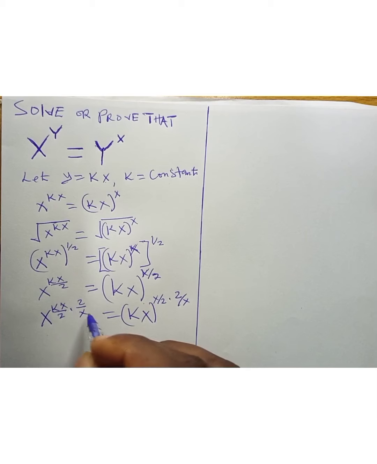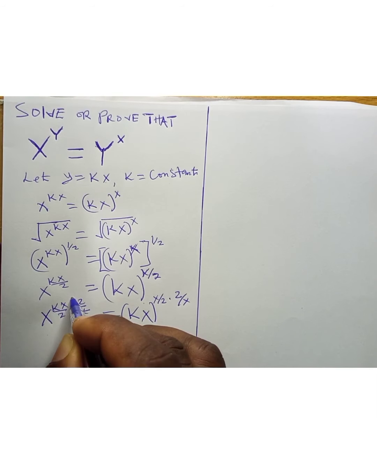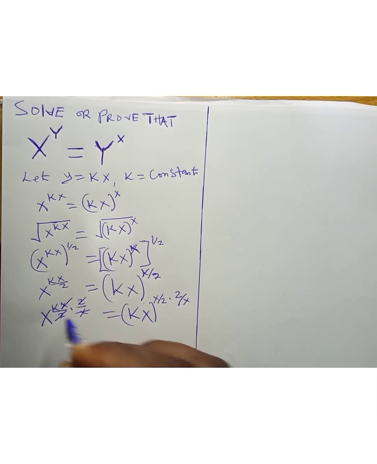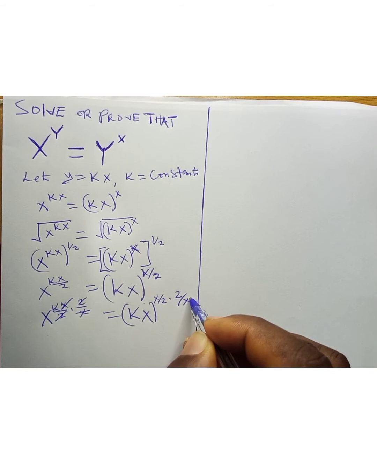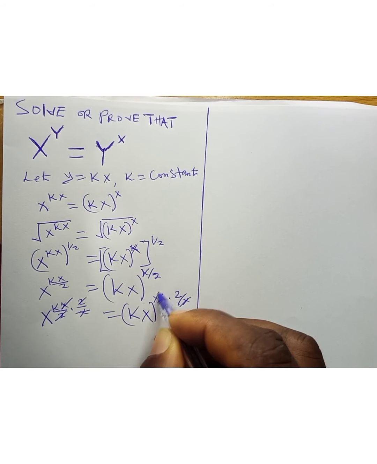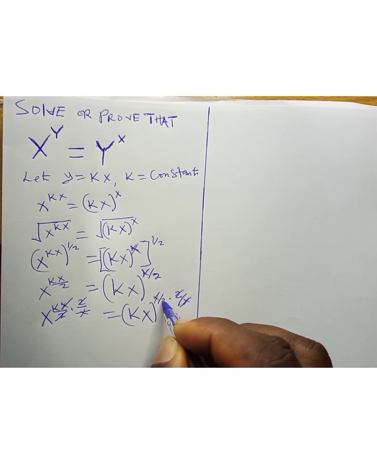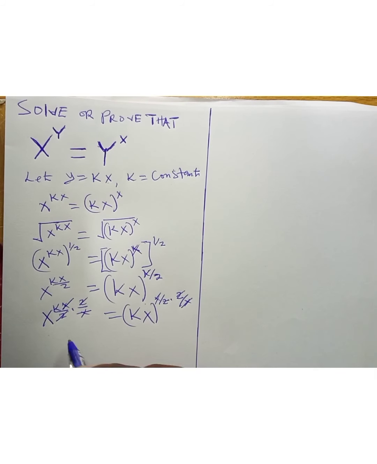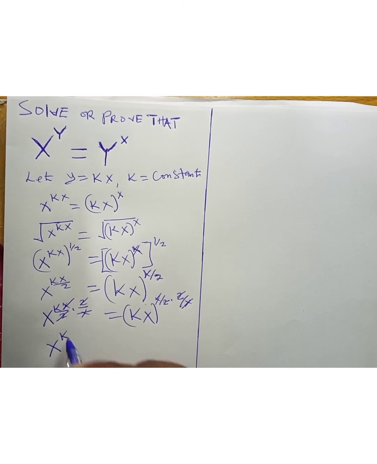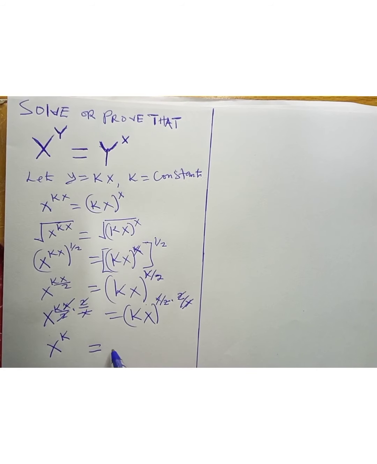So this will cancel with this, and this will cancel with this. So what are we going to have now? We're going to have x raised to power k equals kx.